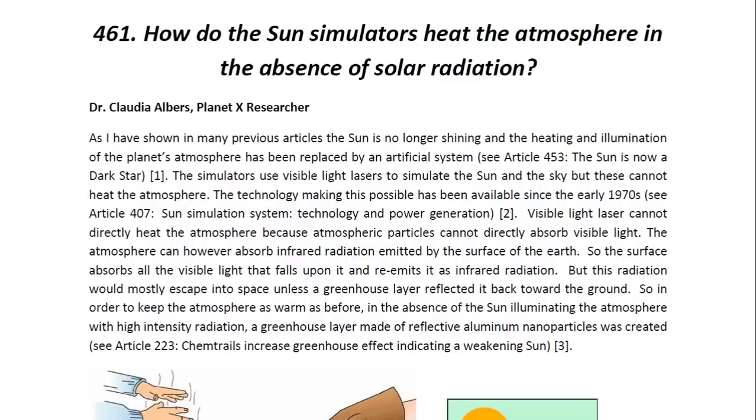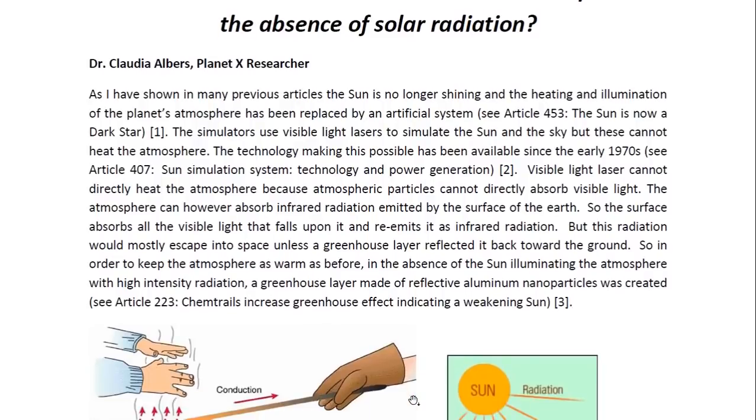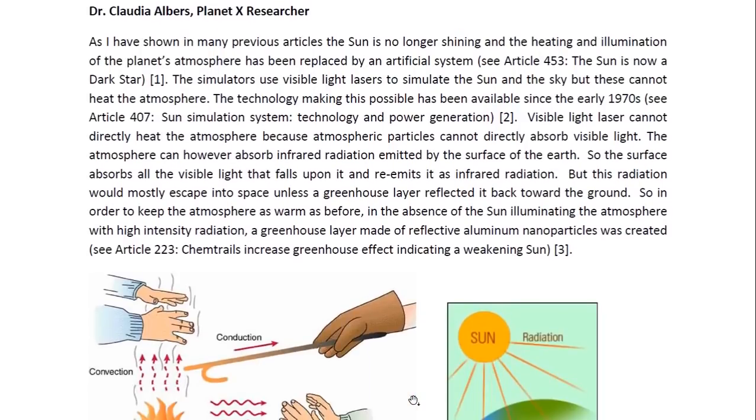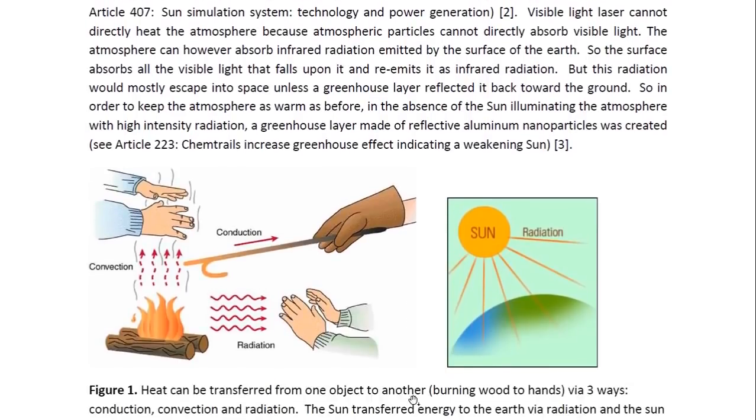So in order to keep the atmosphere as warm as before, in the absence of the sun illuminating the atmosphere with high-intensity radiation, a greenhouse layer made of reflective aluminum nanoparticles was created. You may look at article 223, entitled Chemtrails Increase Greenhouse Effect, indicating a weakening sun.